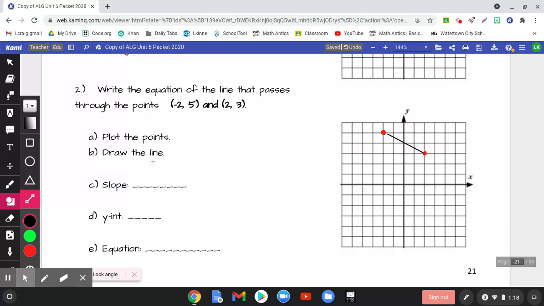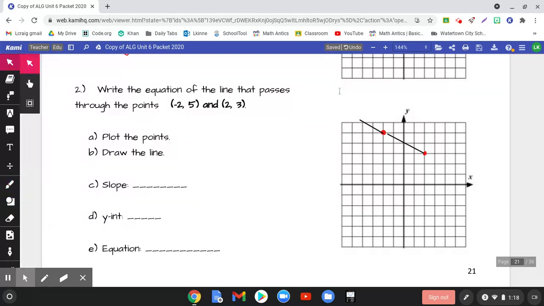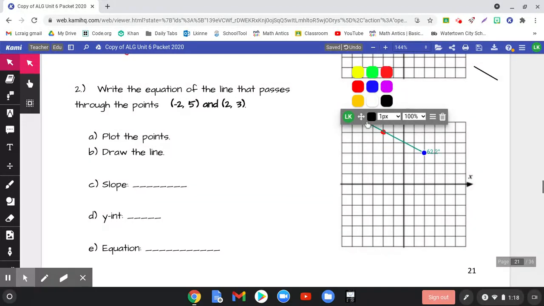All right, so we can find the slope and y-intercept pretty easily. And you can extend this line out. It doesn't just end there. Well, I guess that's kind of funky. We can extend it.